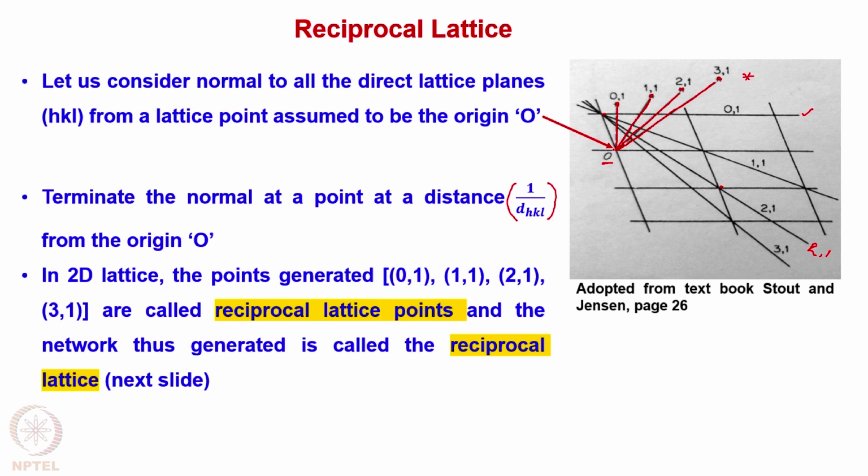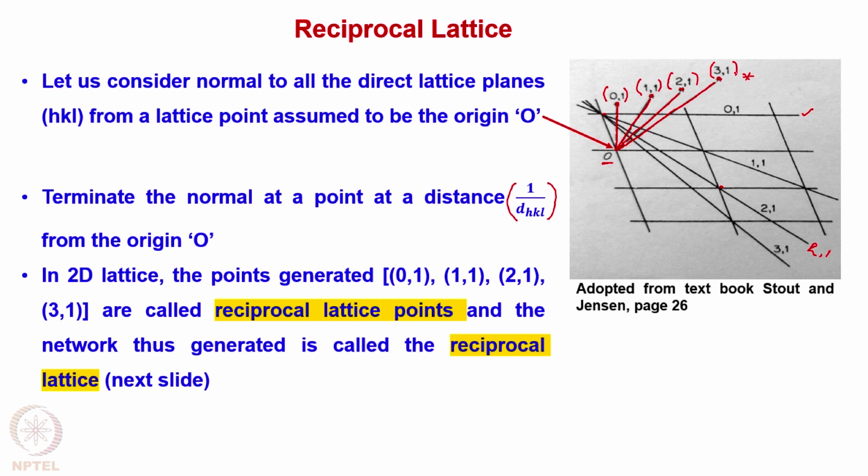Now, in this 2D lattice, we have points 0, 1, 1, 1, 2, 1 and 3, 1, which represent individual lattice planes in the direct lattice.